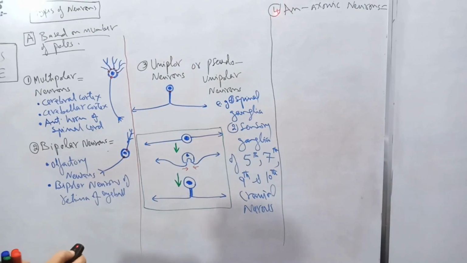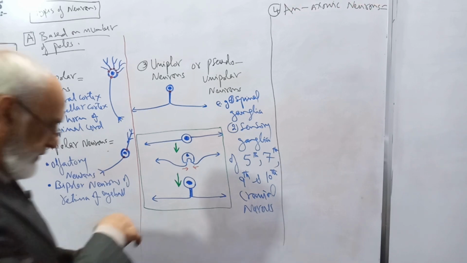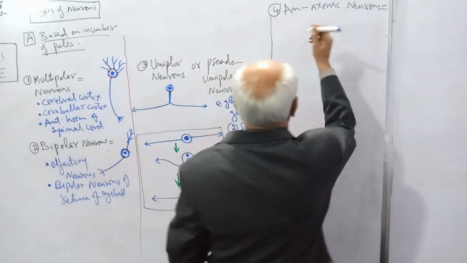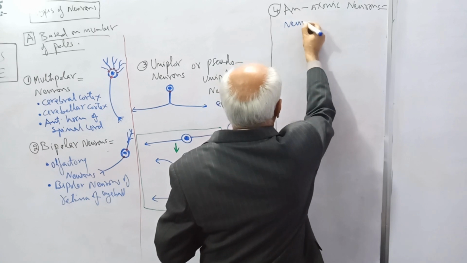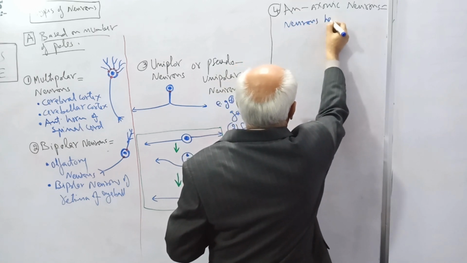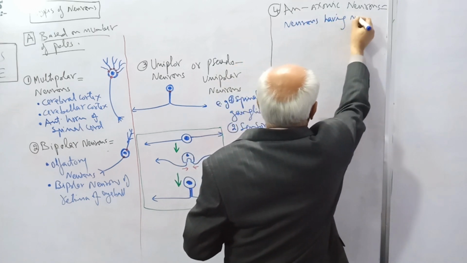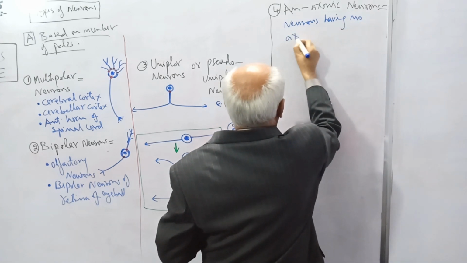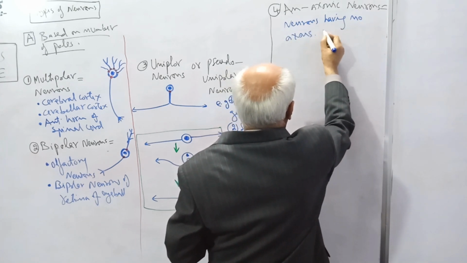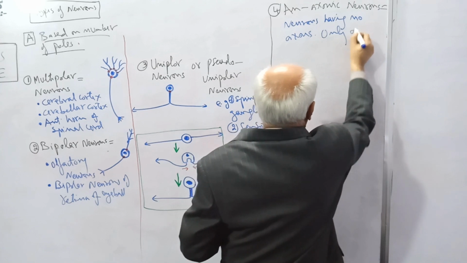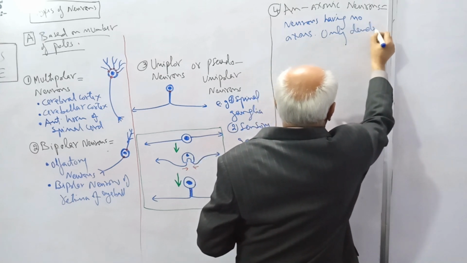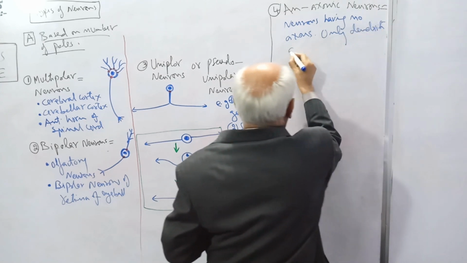So the fourth variety are anaxonic neurons, neurons having no axons, only dendrites.